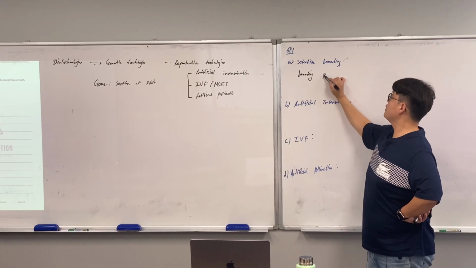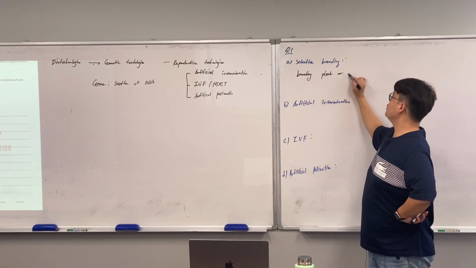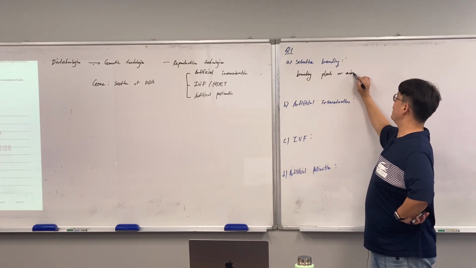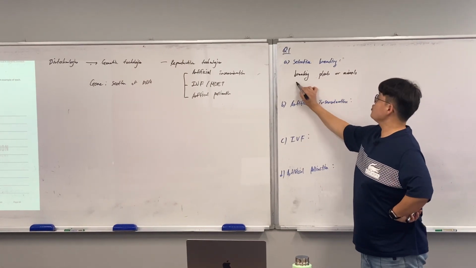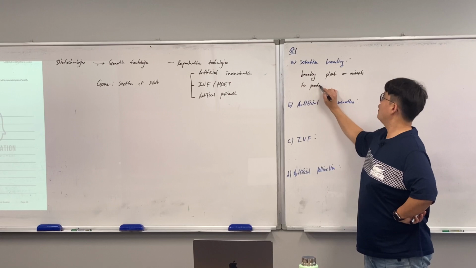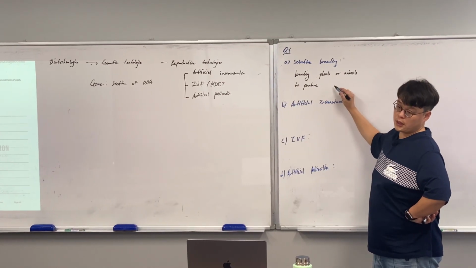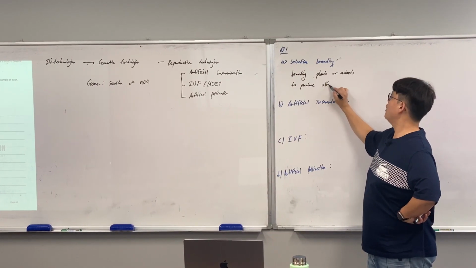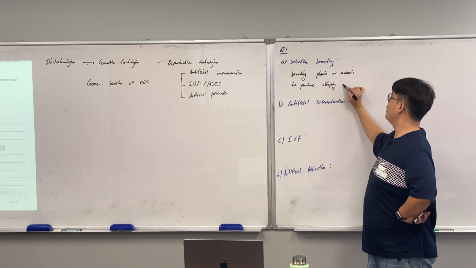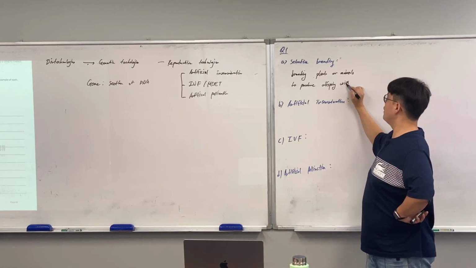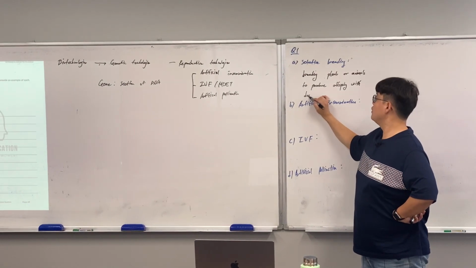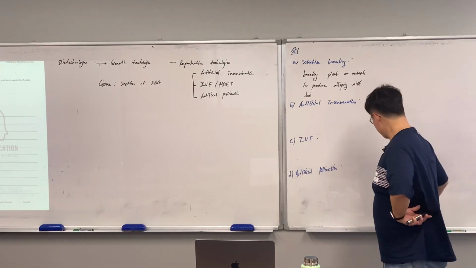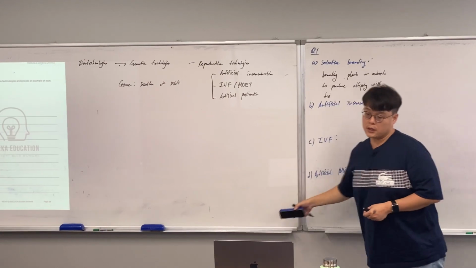So it's basically a method of breeding plants or animals to produce offspring with some desirable trait. I can't spell desirable.